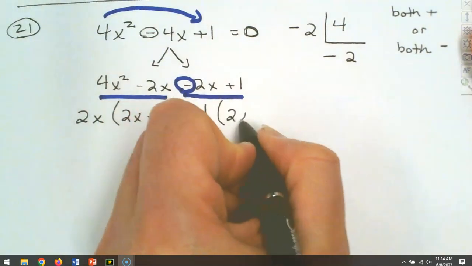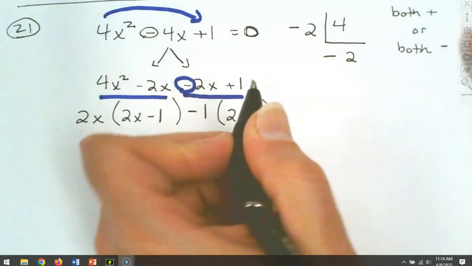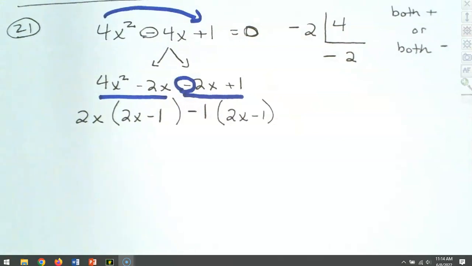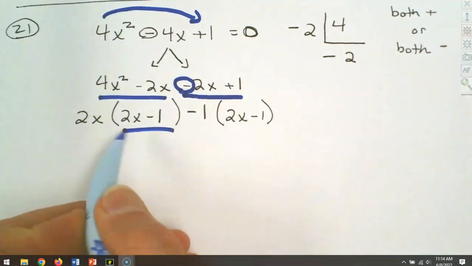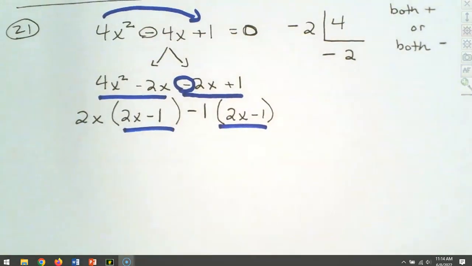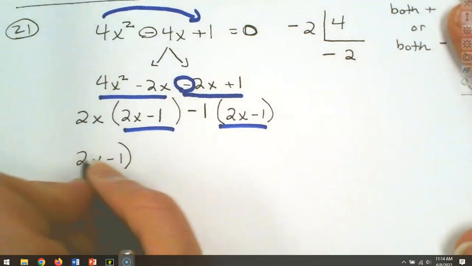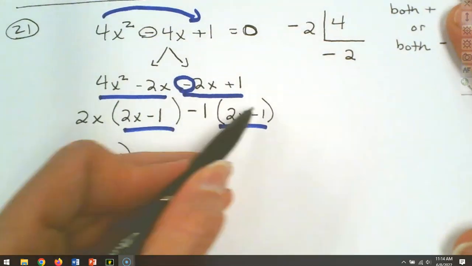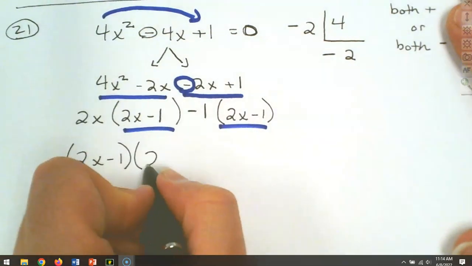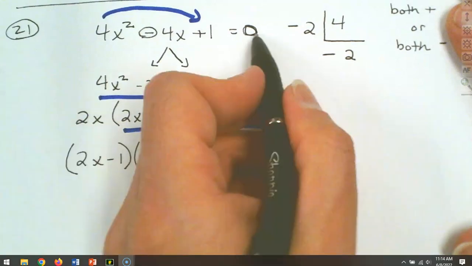And that would make it then 2x minus 1, wouldn't it? Are my parentheses exactly the same? Yep. So now we have 2x minus 1, and an additional 2x minus 1.